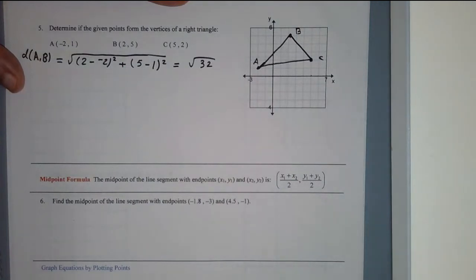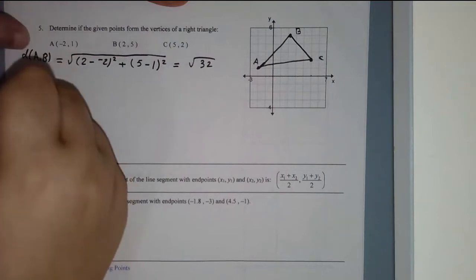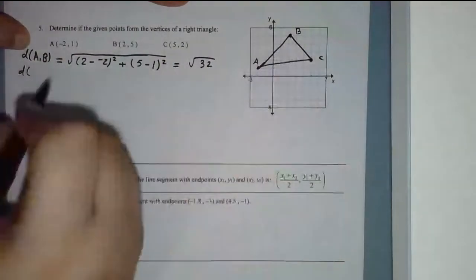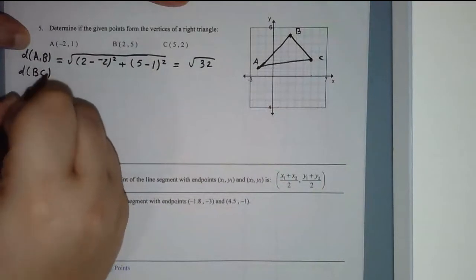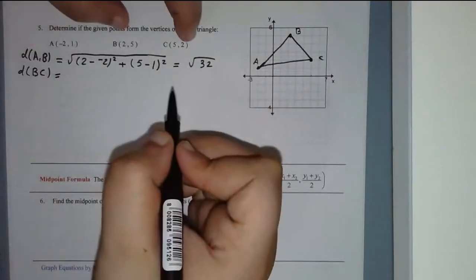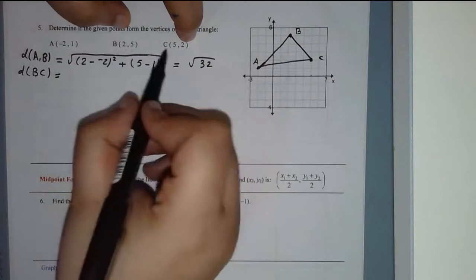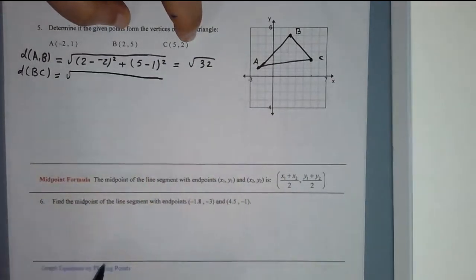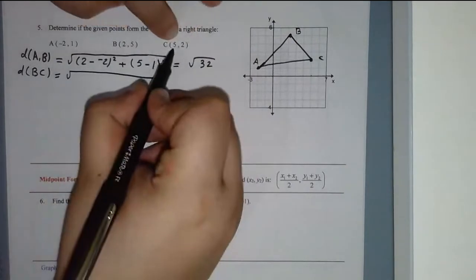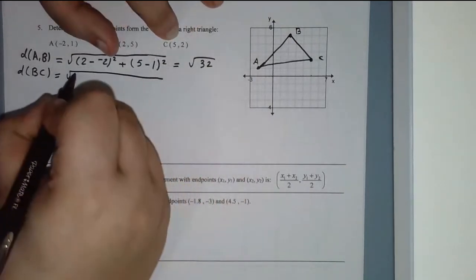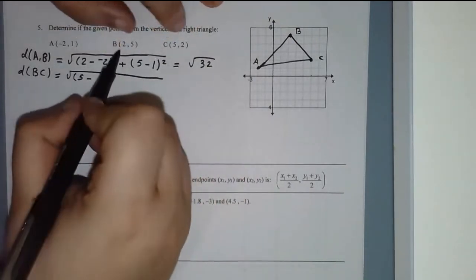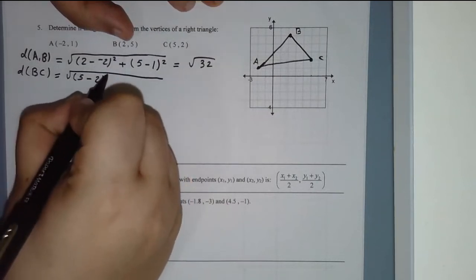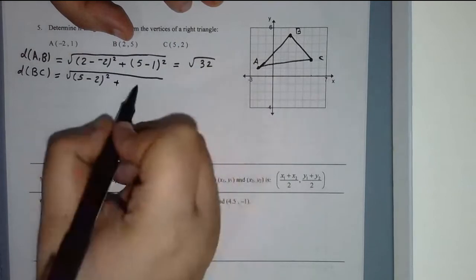Now, let's do a second side, I'm going to do BC. So now turn BC. So these are my points now. That's 1, that's 2. Root. Okay. Now x2 is 5 minus x1, which is just a 2 squared, plus.